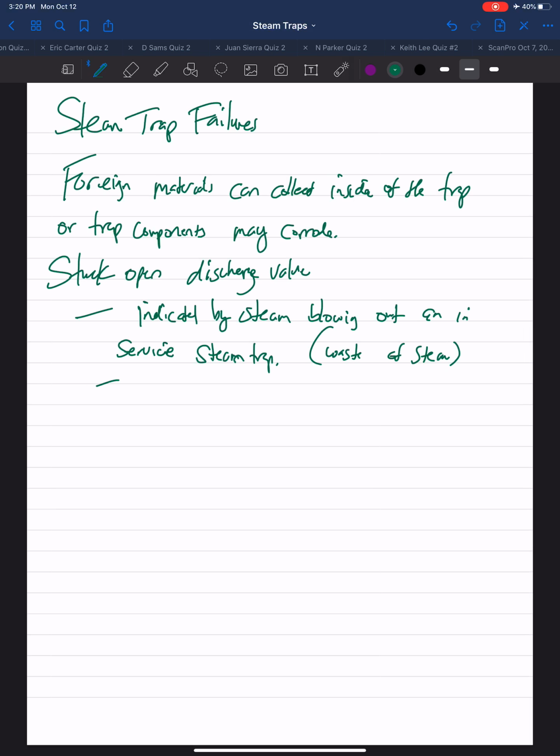Stuck open discharge valves raise pressures and temperatures of drain systems downstream of the trap.